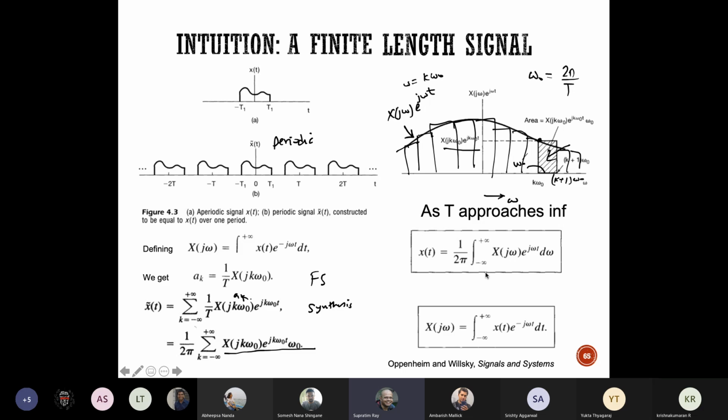Okay, so we are not dealing with convergence in this class. It's a little bit more involved. All the signals that we are going to deal with won't have any of the convergence issues, so we don't really need to worry about it. I just wanted to quickly mention that for this whole thing to work, the signal should have finite energy.